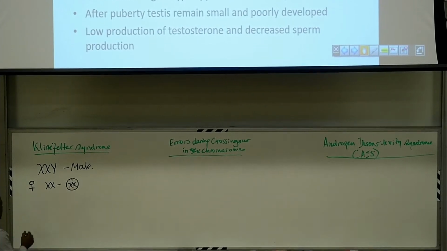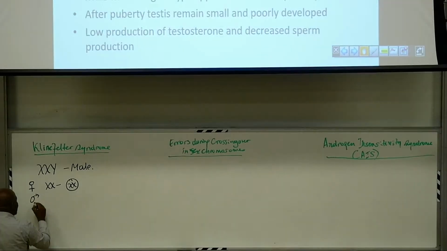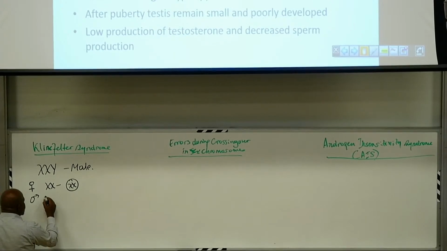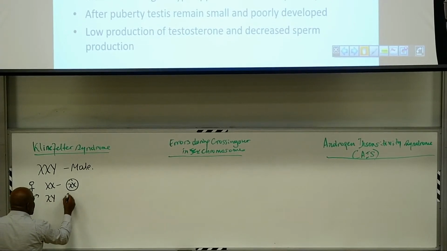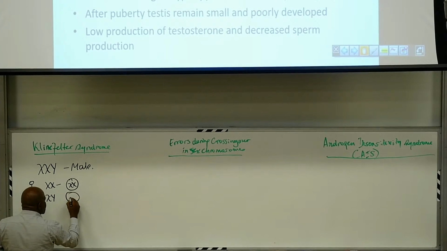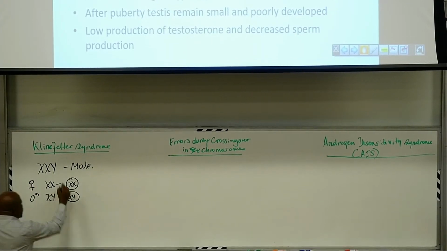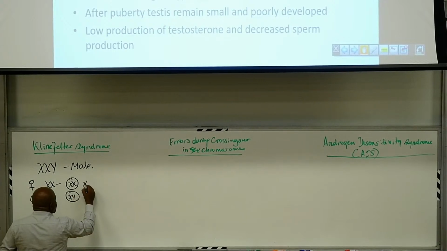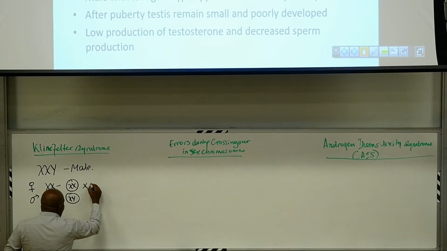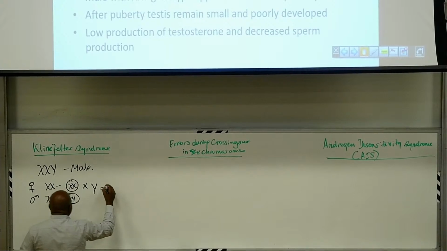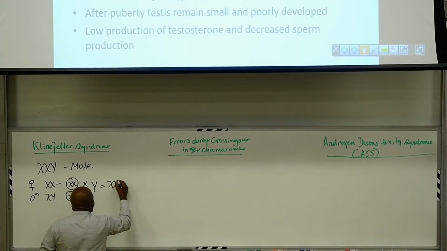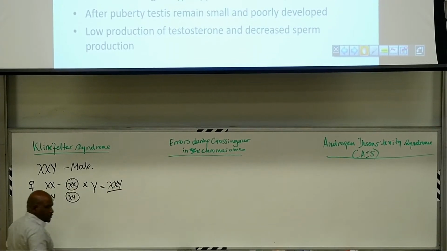On the father's side, it is possible that some of the sperm may have both X and Y in their genetic DNA. And if these sperm are mating with an egg carrying one X, then this will lead to XXY individuals.